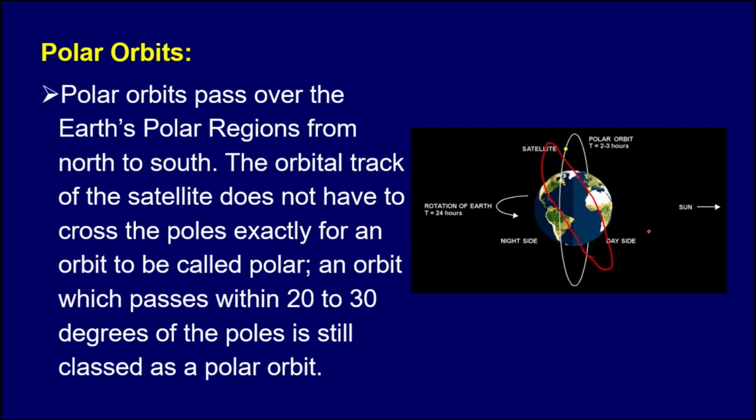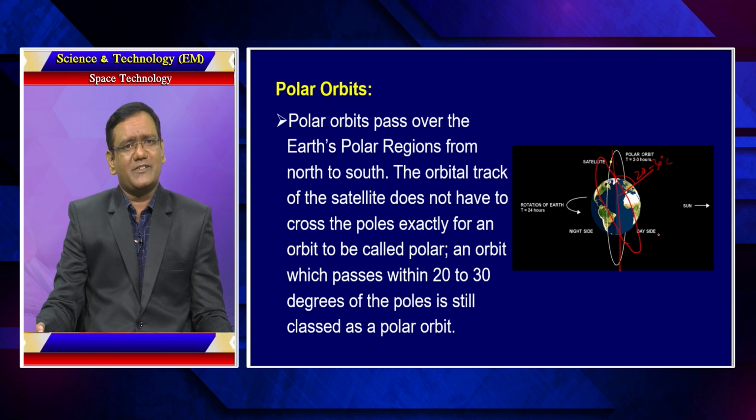So any orbit which passes within 20 to 30 degrees is called a polar orbit. So this polar orbit is an orbit that revolves around the Earth from north to south within this angle of 20 to 30 degrees, also called polar orbits.